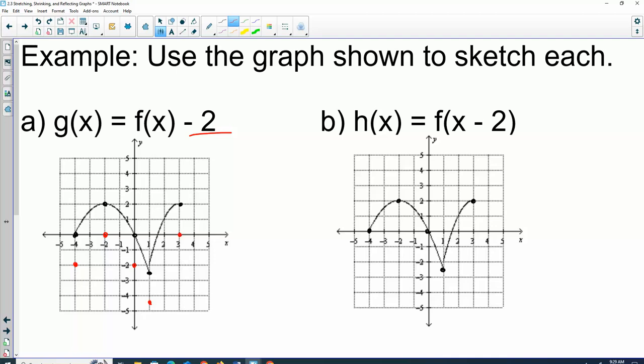So same general shape here. On B, what would that do? Take each point, right.